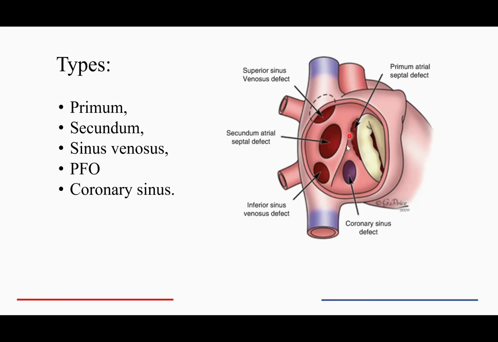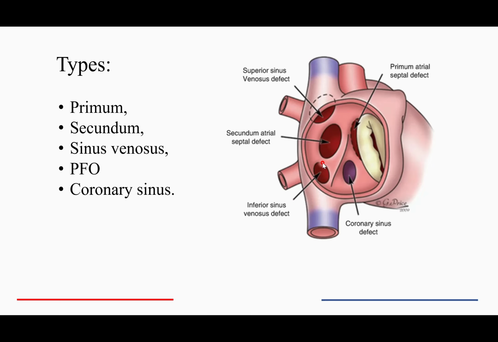In the 4-chamber view, we can see the AV valve rim and the pulmonary veins rim. In the short axis of the aortic valve, we can see the aortic valve rim and the posterior rim. And in the bicaval view, we can see the SVC rim and the IVC rim.